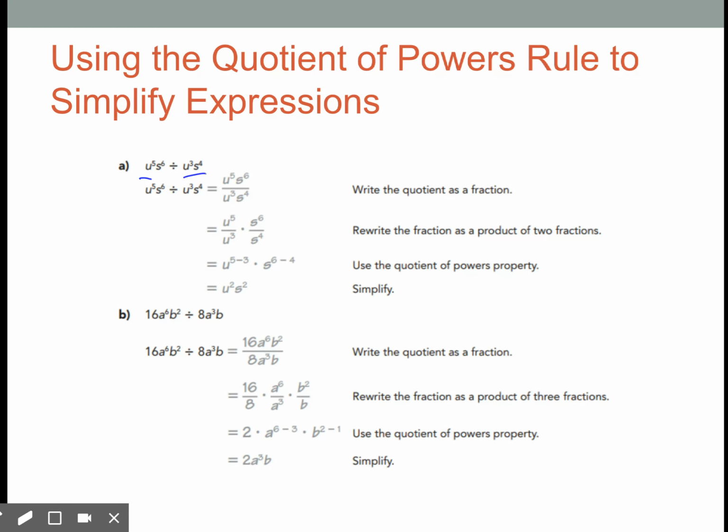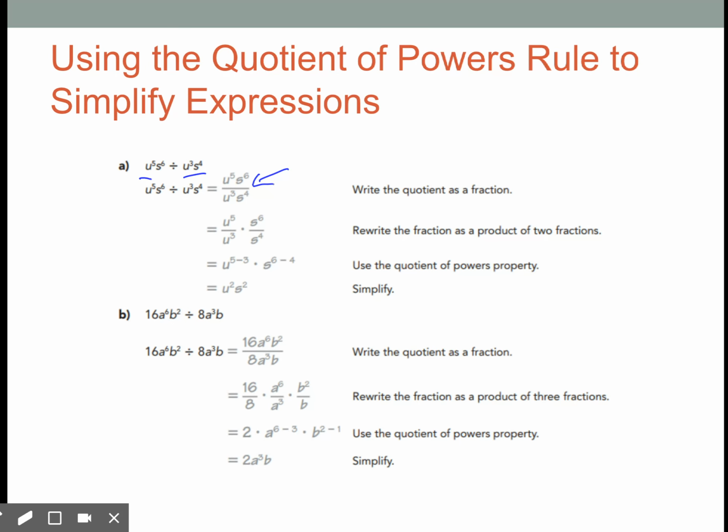They suggest that you turn this division problem into a fraction, with everything first going in the numerator and the divisor, which is the second part, going into the denominator. I think that's just to make it a little more visually easy for you.